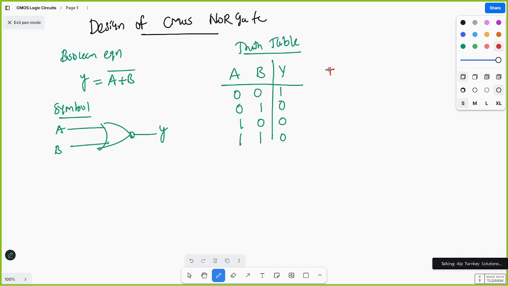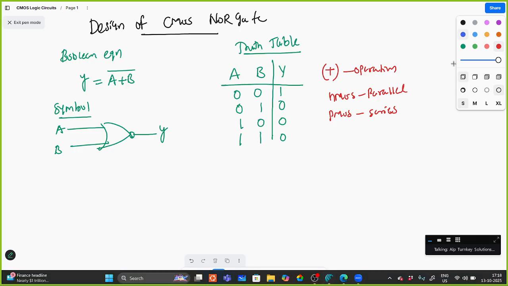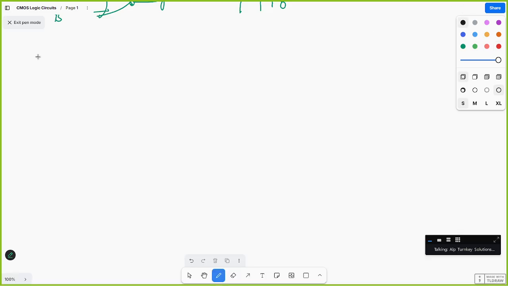For the OR operation, we have already seen it: NMOS will be parallel and PMOS will be series. So how will my network look?